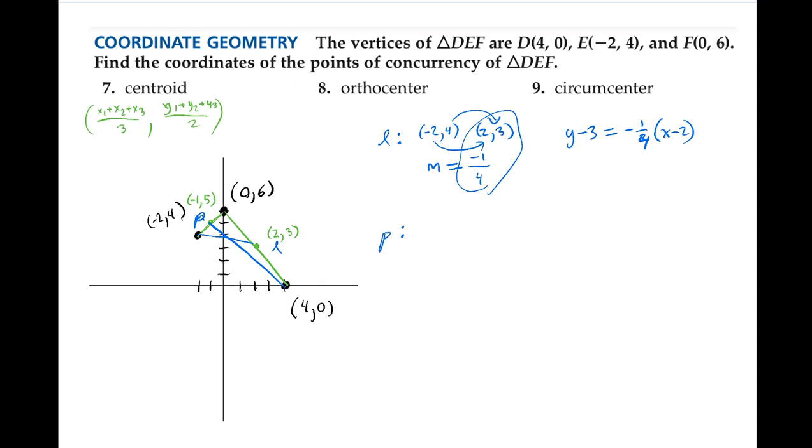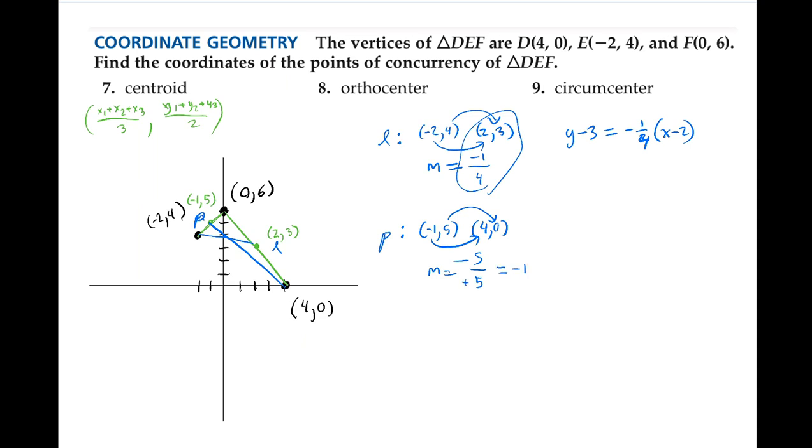The line P, again, I've got to find the slope here. So our two points are (-1, 5) and (4, 0). Whoa, I drew multiple things there. Okay, so the slope then is we went down 5, and then we went over 5 there, right, from -1 up to 4.